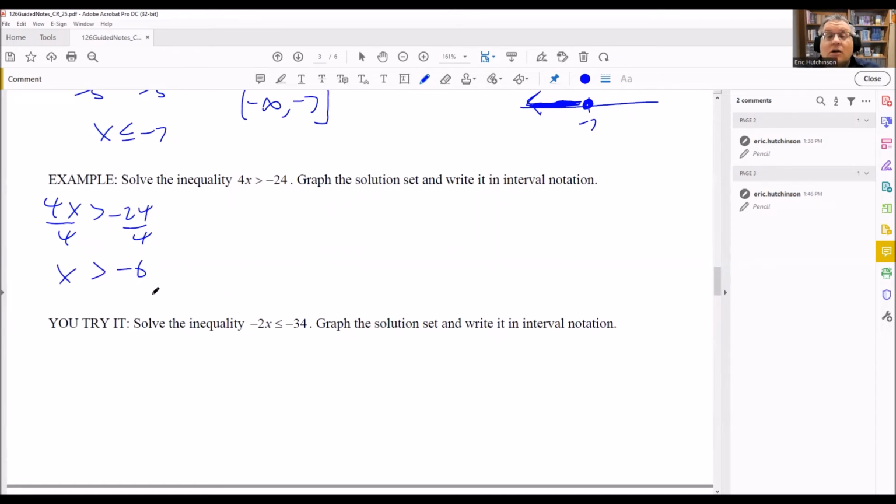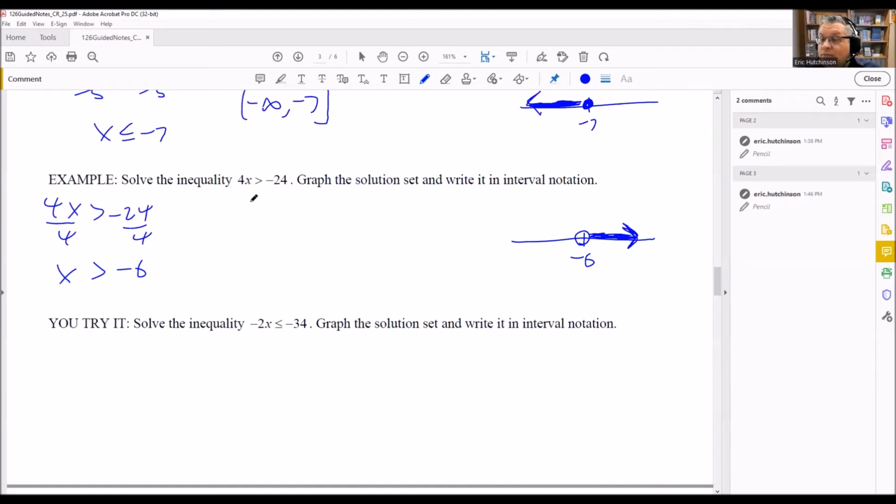X is greater than -6. Number line, start with -6. That's going to be an open circle this time because there's no equals underneath. It's a greater than only, so it's an open circle. Greater than means we have to draw the line to the right. The arrow goes to the right here. And right there, that is our number line graph.